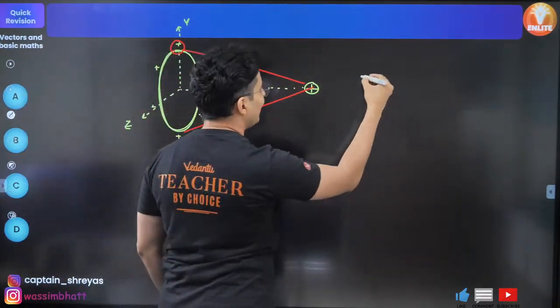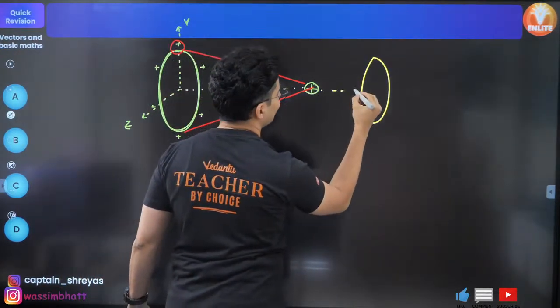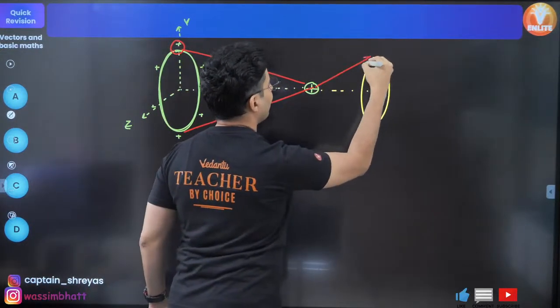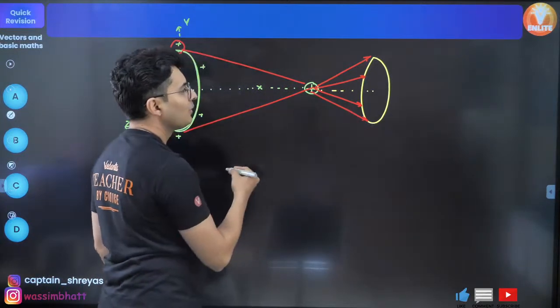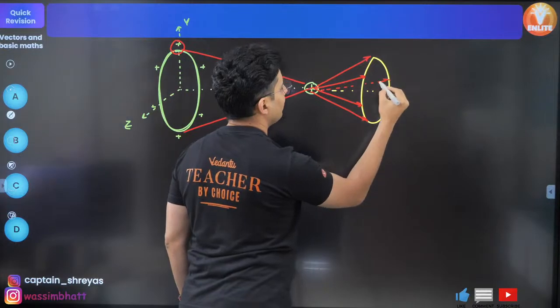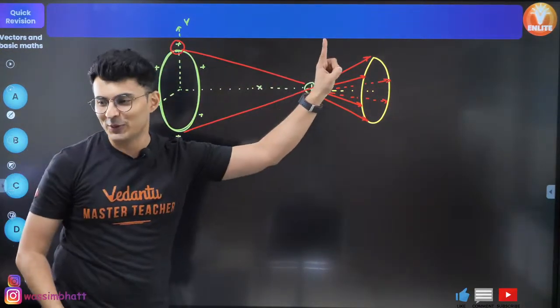It's easier that way. So just imagine this is the cone. All right, this is the axis, of course, and all these forces are like this. See, visualize that. They are all on, I can just show it dotted line because these are behind, like this. They are all in the form of a cone.